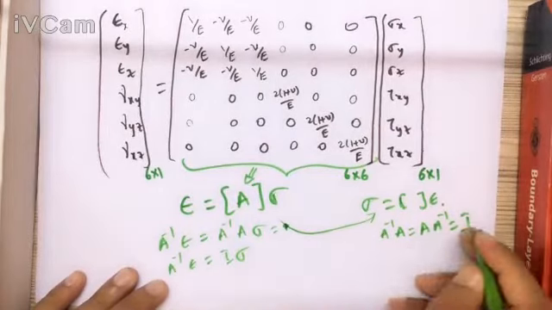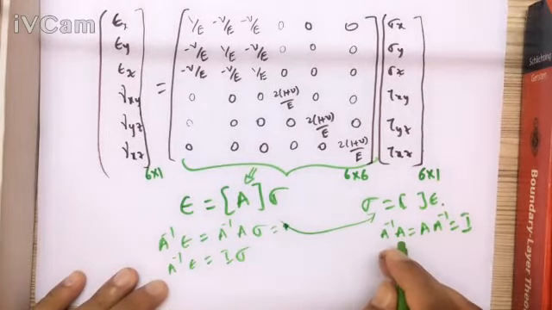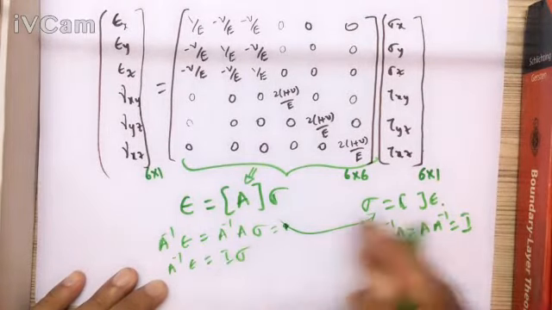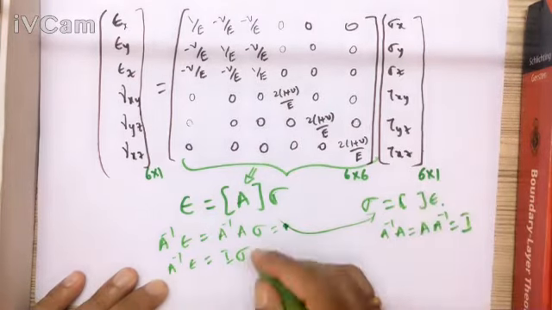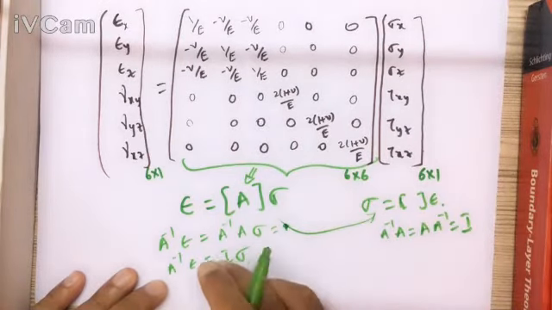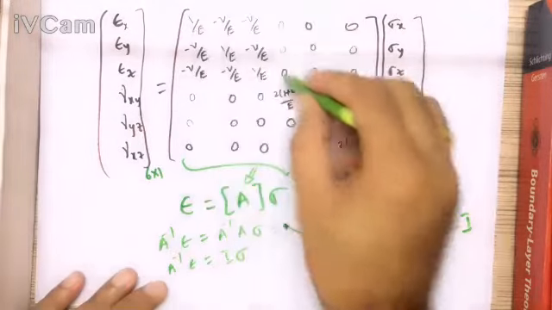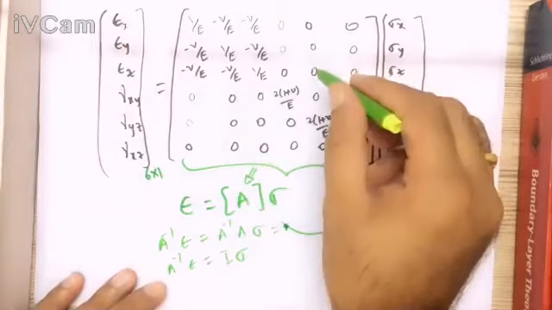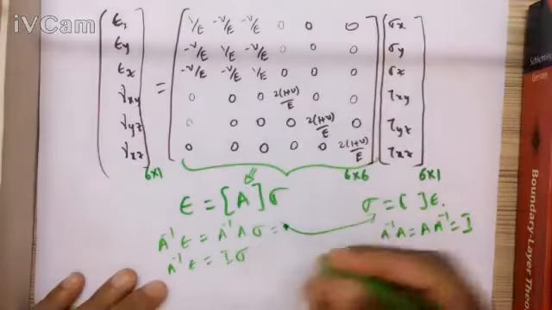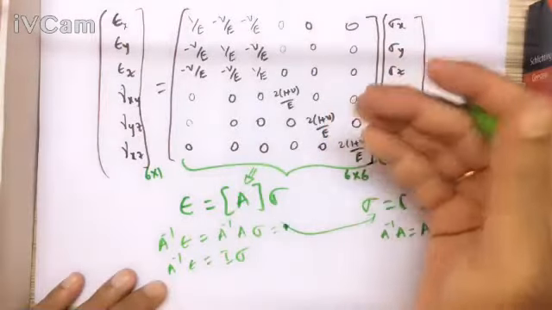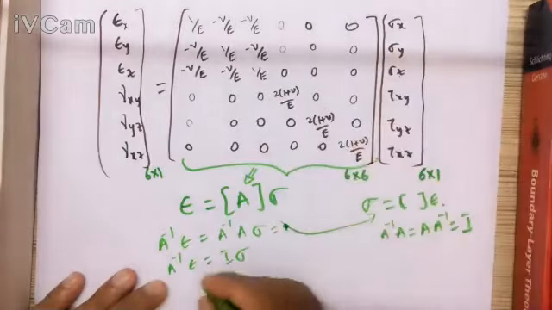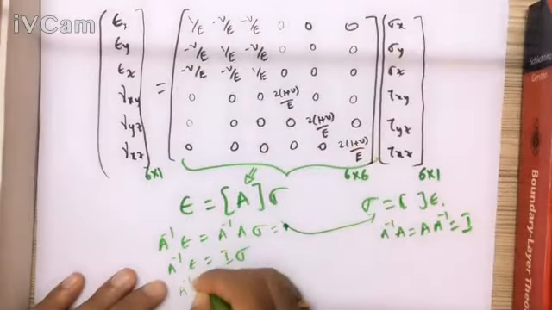Sigma is 6 by 1. What would be the order of the identity matrix? 6 by 6. Only in the principal diagonal you have 1 and all the other elements would be zeros. If you multiply the identity matrix with any matrix, you will get the same matrix. So A inverse into epsilon is equal to sigma.